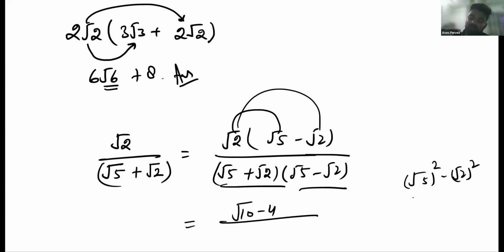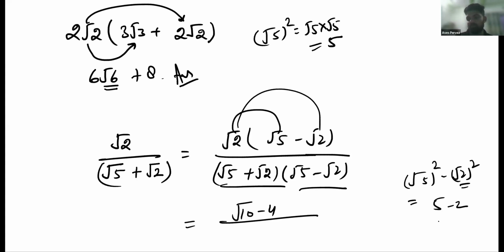Okay, so what is the square of root 5? Root 5 square is root 5 into root 5, so it will be 5, and root 2 square is 2. So what would be the answer? 3. Yes, this is the answer.